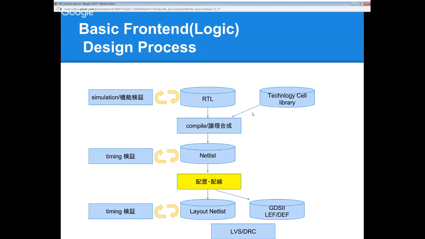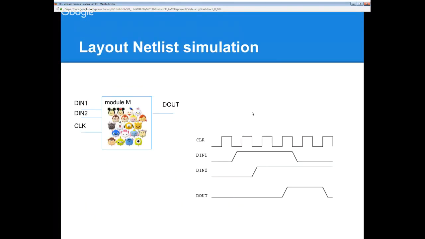After that, we will get a layouted netlist. This contains the more accurate actual delay and some characteristics of the netlist. With this netlist, we can do the same verification, and the result is much closer to the real chip. So this is an overview of the logic design process.